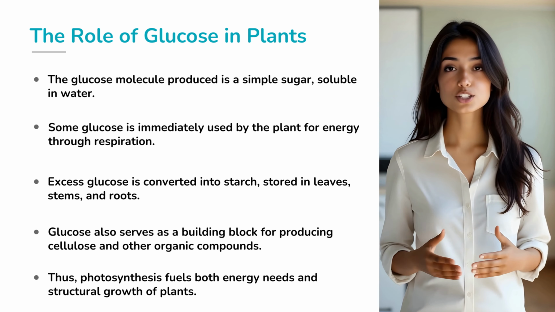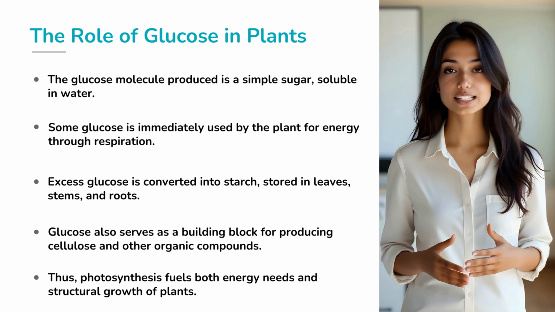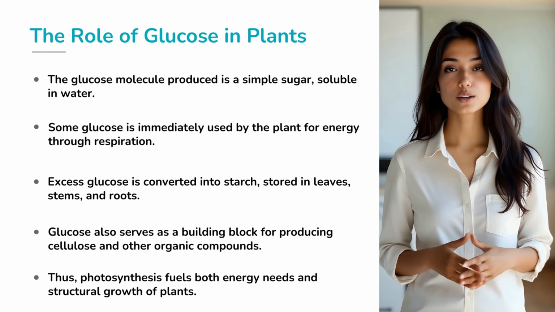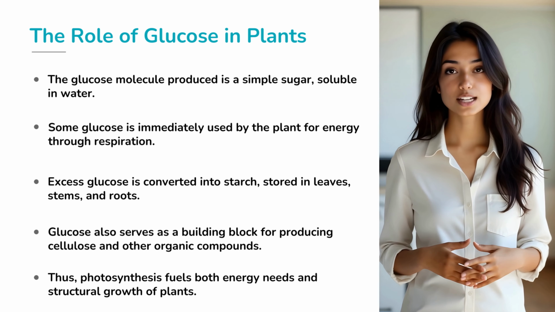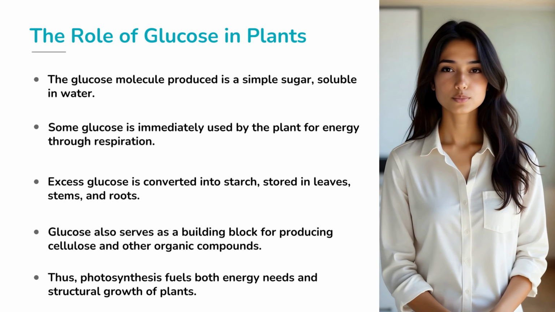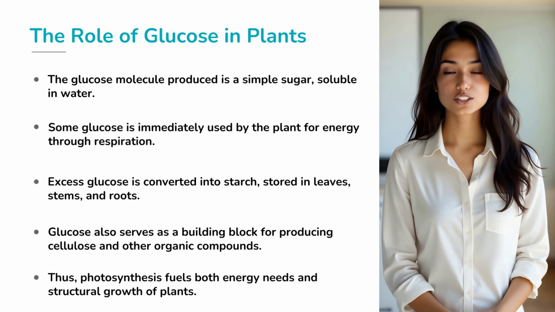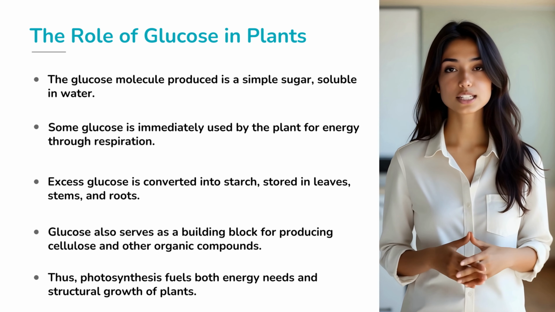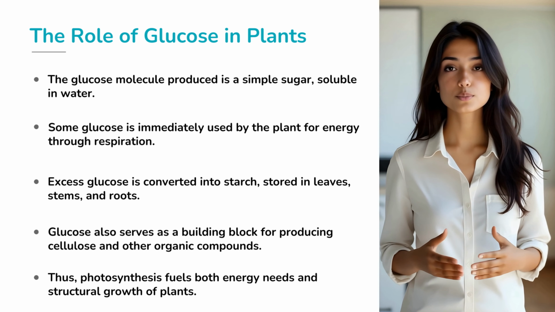Later, this starch can be mobilized when the plant needs it. Glucose also acts as a building block, helping in the synthesis of cellulose for cell walls and many other organic compounds. In short, glucose is not just plant food, it's the foundation for growth, energy, and structure in plants.